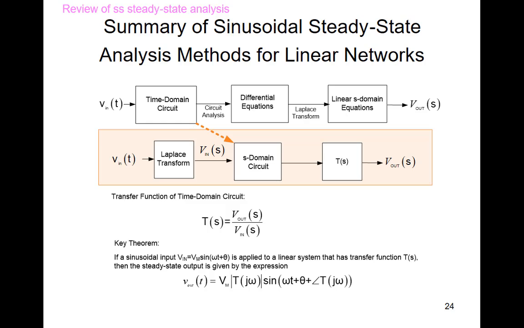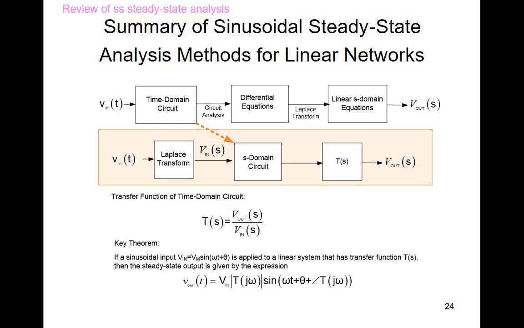We take the Laplace transform of the input, and that gives X_in of S, put it in the S domain circuit, and then put that into the transfer function T(S) to get the output. So the transfer function is the relationship between the S domain output and the S domain input.